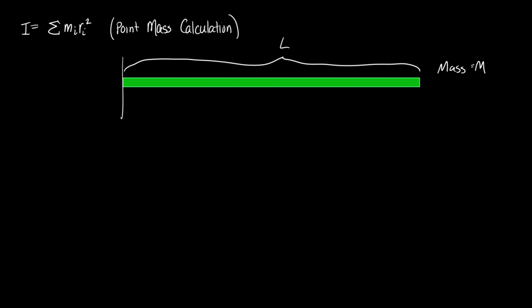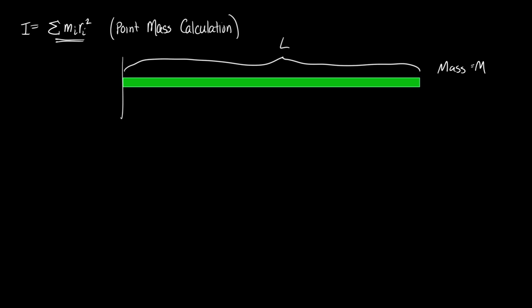Now, before we launch into this too much, I want to point out that moment of inertia tries to tell us the distribution of the mass of the object. That's what it's trying to tell us. It's trying to boil it down to a single number that tells us how much of the object's mass is located away from the axis of rotation. We know the more spread out it is, the bigger the moment of inertia.